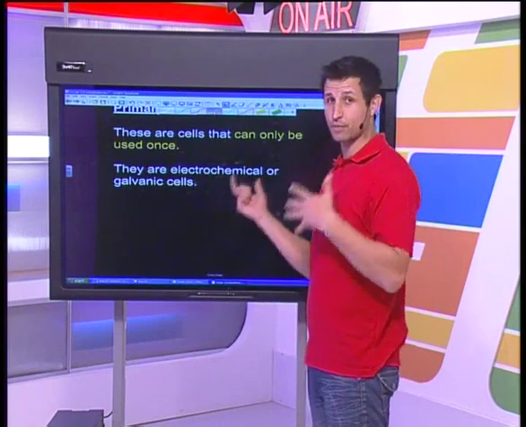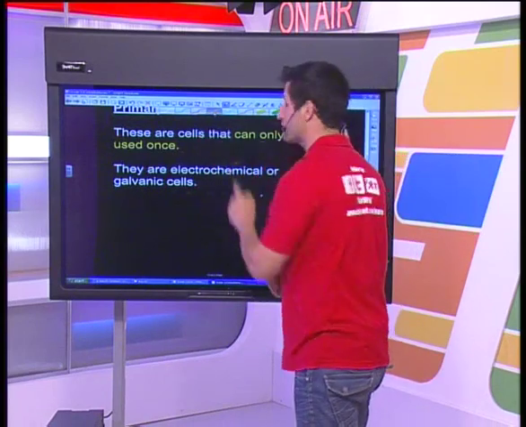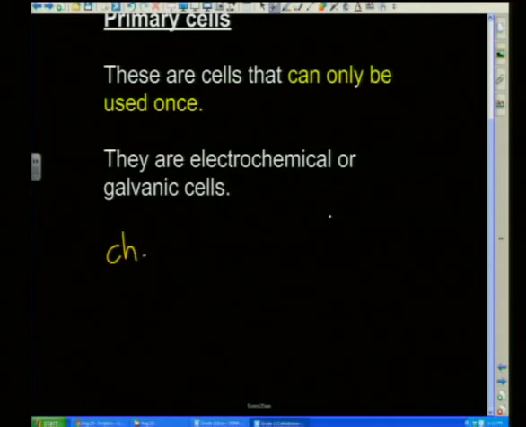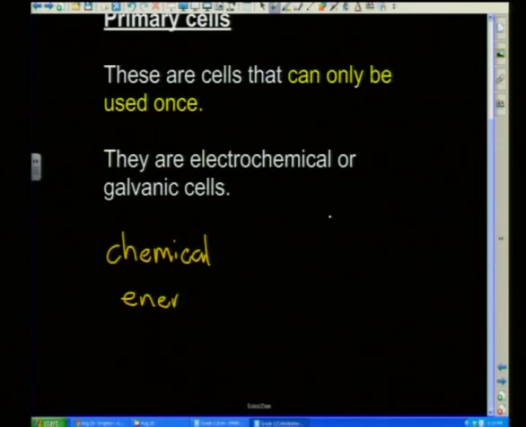Okay, so electrochemical or galvanic cells, these do something very specific. They take chemical energy. So what they're doing is they're going to take some chemicals inside them. I buy the chemicals in the shop, and I'm going to take chemical energy, and what I'm going to do with it inside that cell is I'm actually going to take chemical energy and change it, like I said, into electrical energy.